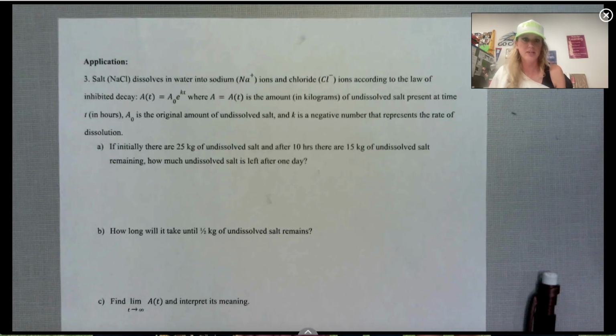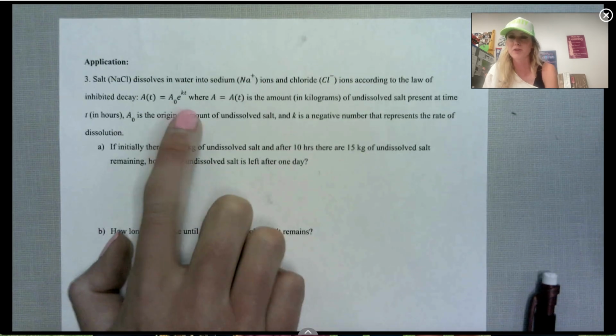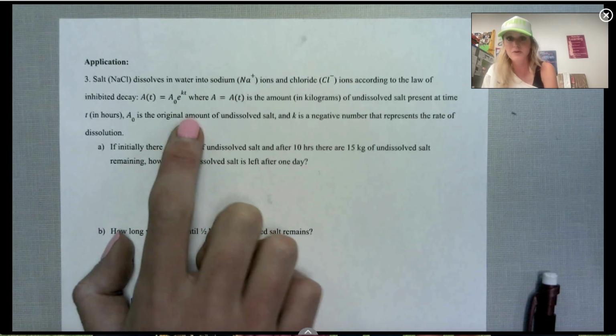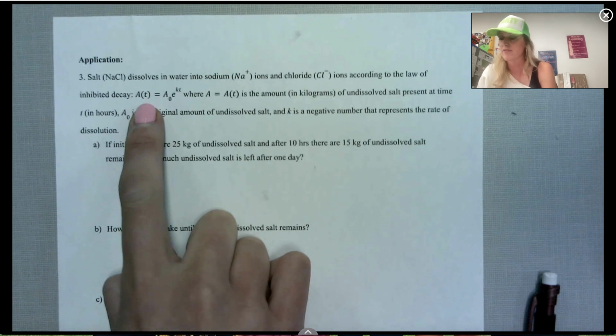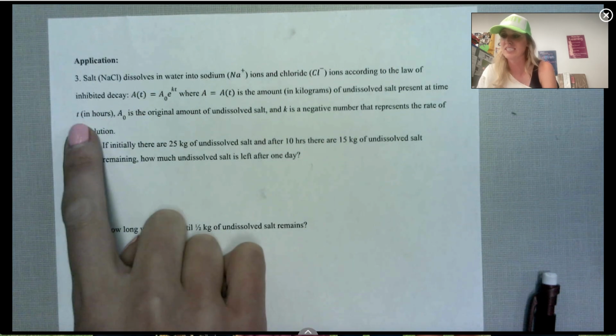All right, last example here, 1.5, an application of some of our limit stuff. Salt dissolves in water into sodium ions and chloride ions according to the law of inhibited decay given by this function. This should hopefully look familiar to you from pre-calc and algebra 2, where A of t is the amount in kilograms of undissolved salt present at time t in hours.